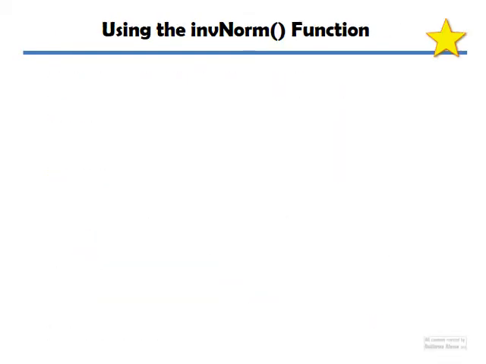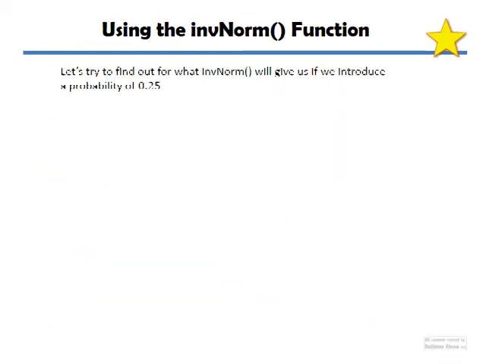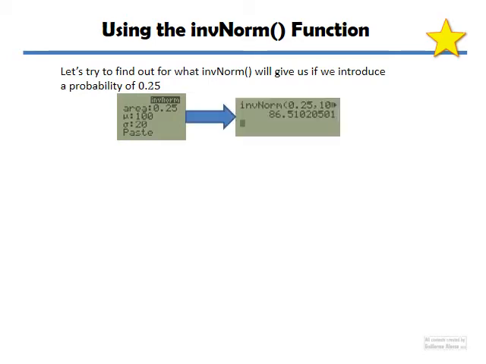Well, let's learn how to use the function itself in the calculator. We have the invNorm function, right? And suppose that, let's just put 0.25 and let's see what it gives us. So I go to the distributions menu, choose option 3, which is invNorm, and put the area 0.25. I put the mean and the standard deviation for the IQ normal distribution. I press paste, and this is what I get, 86.51.